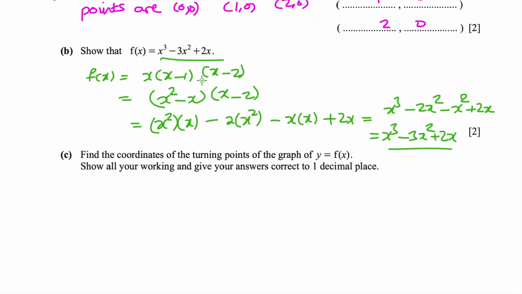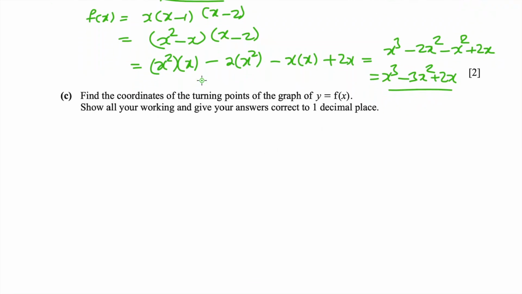Now the next question, find the coordinates of the turning points of the graph. So we need to find out the coordinates of the turning points. So at turning points, what do we have? dy by dx is equal to 0.